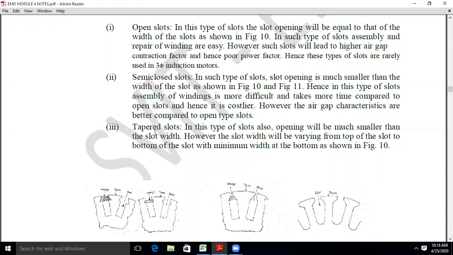Now, the tapered slot. In this type of slot also, the opening will be much smaller.